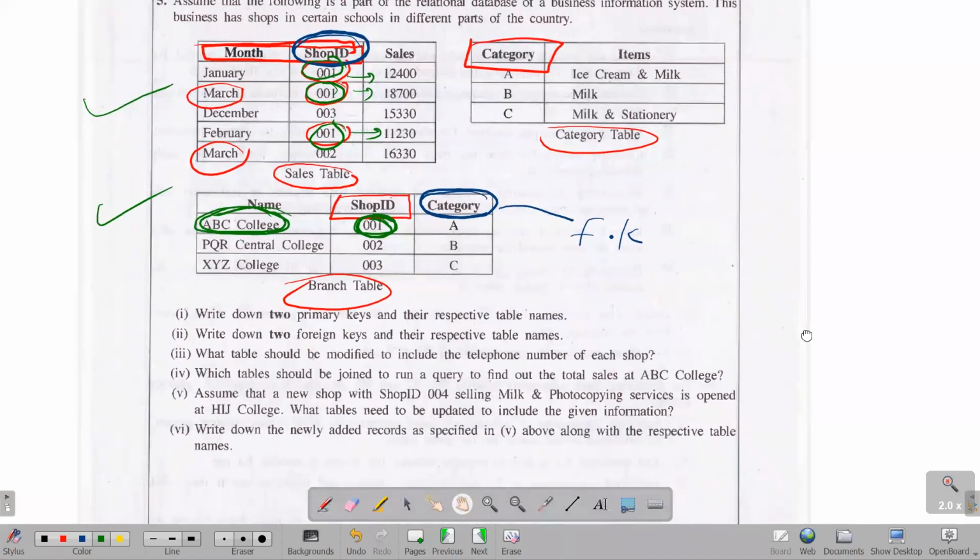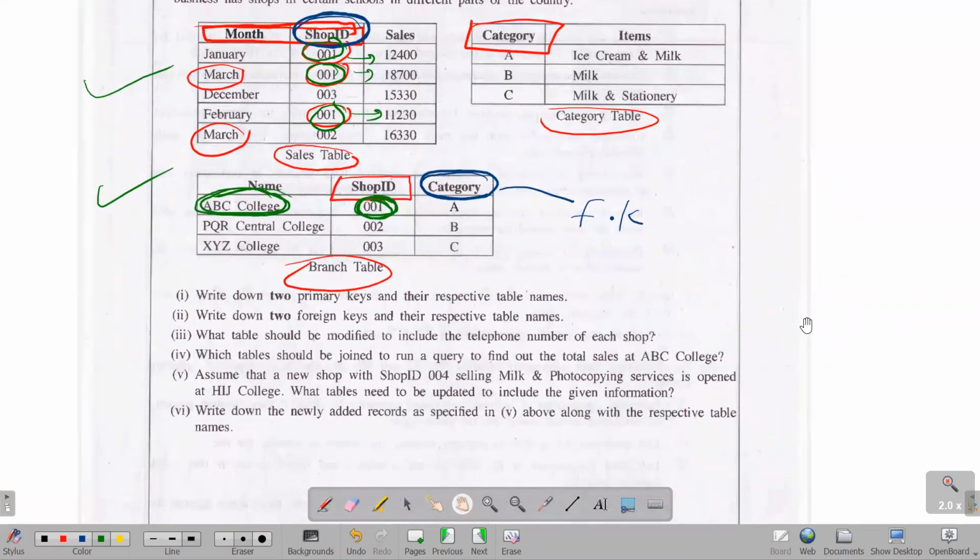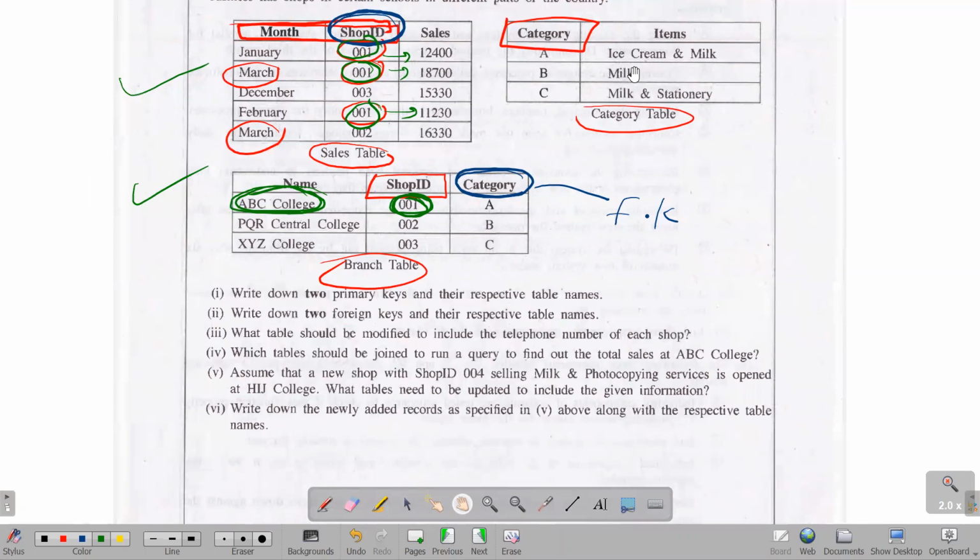So they have given you a particular transaction in the next part. It says, assume that a new shop with shop ID 004 selling milk and photocopying services is opened at HIJ College. What table needs to be updated to include the given information? Milk and photocopy is a new category, because we don't have anything called milk and photocopy. We have ice cream and milk, and milk and stationery.